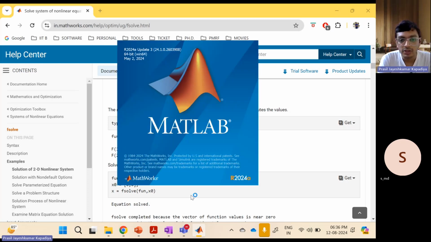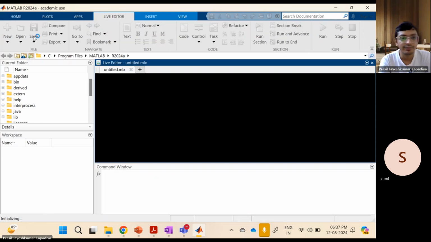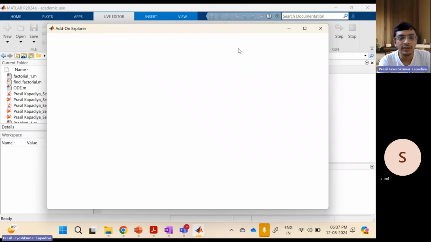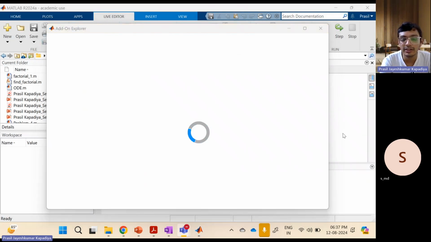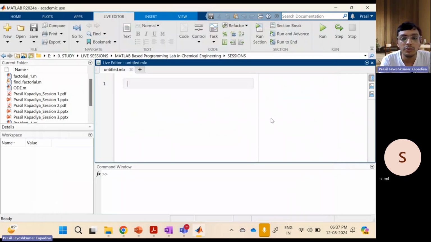Okay. So let's see how we can use this fsolve command to solve the same problem. I will go to the live script and copy the previous code. Yeah, it is saying that it is installed, I guess. We don't need to worry about it.